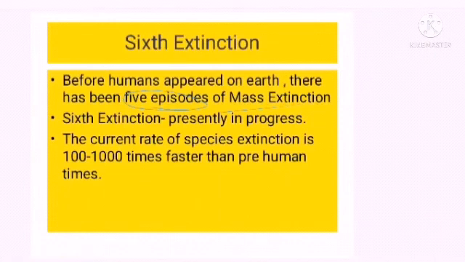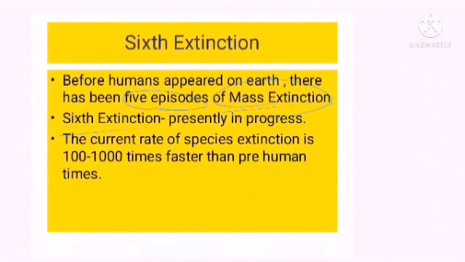Mass means in huge amounts, all of a sudden, the extinction is taking place. We call it the mass extinction. So 5 episodes are over before humans came. Now after humans came, the 6th extinction has started.